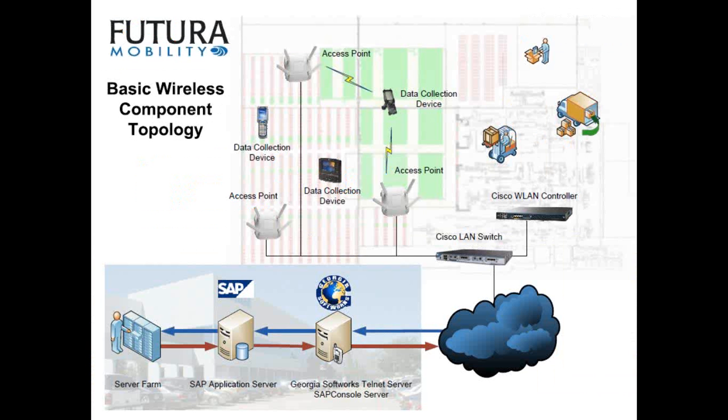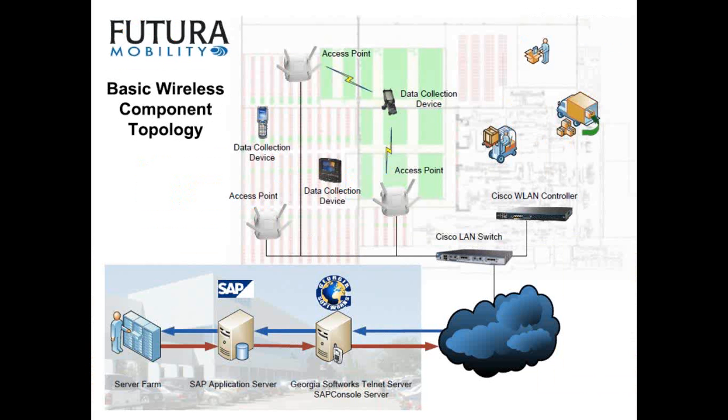Although Kyle, I thought, had a great illustration on how SAP Console and ITS Mobile communicate, this is just a little bit of a deeper dive showing a diagram of this wireless infrastructure and how it's built. You see on the bottom left of the screen the SAP system running on a server farm with the application servers. Often there's a telnet server in between, and that can host the SAP console as well.